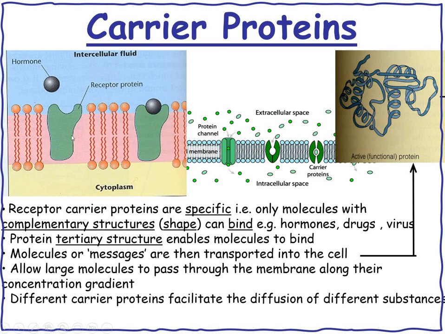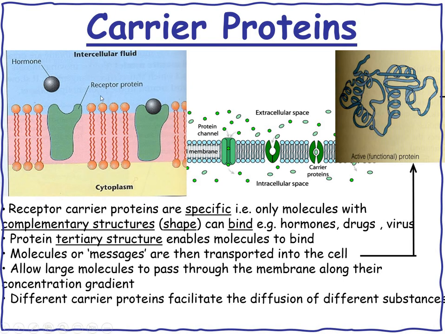You've got carrier proteins, and these have receptors which are specific to only one type of molecule, and they have a complementary structure or shape which can bind. So for example, hormones, drugs, viruses can bind to these receptors, but they have to have a specific receptor for a specific molecule, because the protein's tertiary structure is specific, which enables the molecule to bind.